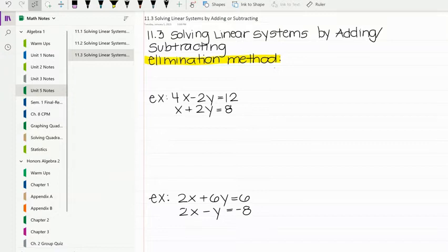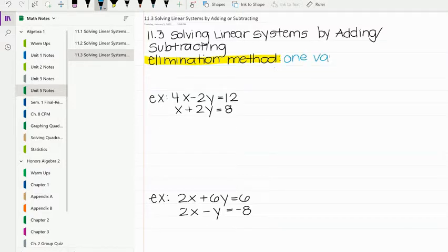So far in this module, we've learned about solving systems of equations by graphing and then by using substitution. So today we are going to learn about the elimination method, and more specifically adding and subtracting when using the elimination method. So the first thing that we want to do is define what the elimination method is.